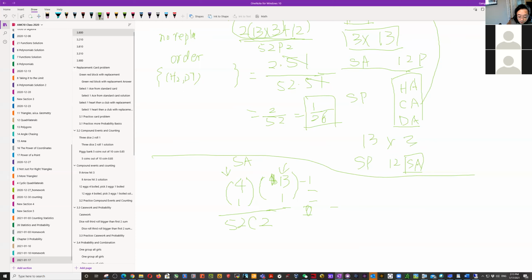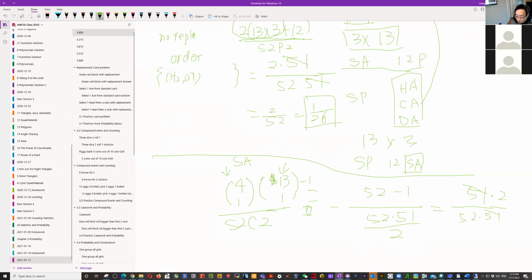So if we do it this way, it's going to be 52 multiply 51 divided by 2. And here it basically is 52 minus 1, which equals 51. So 51 over 52 multiply 51, and divide by a number equals multiply by its reciprocal.